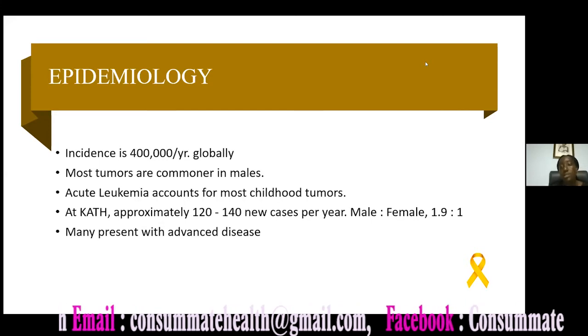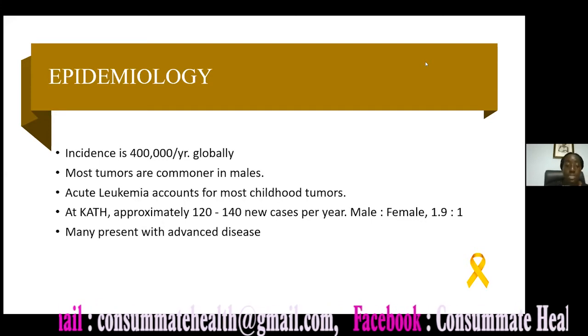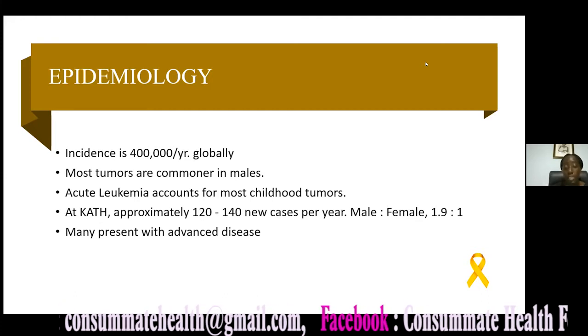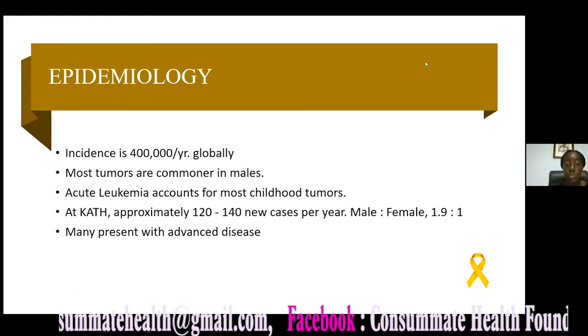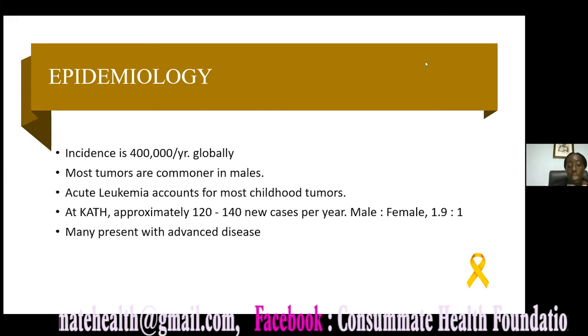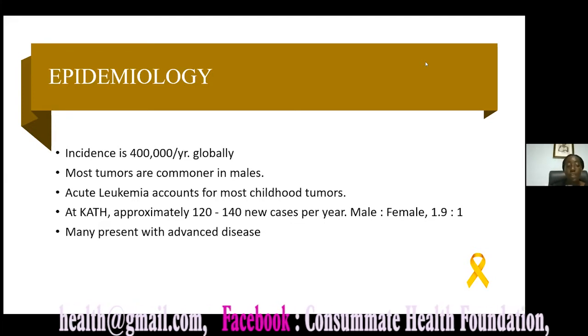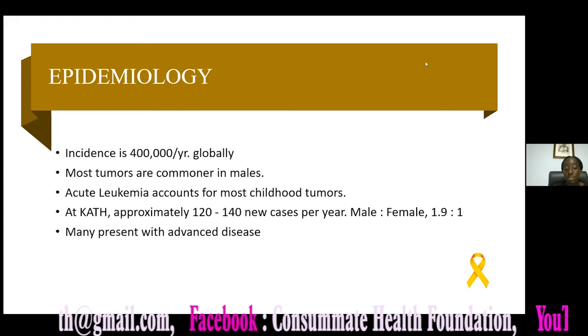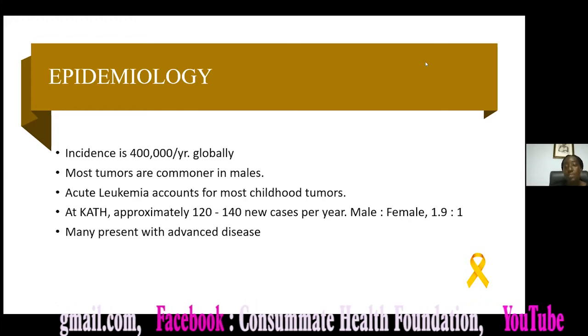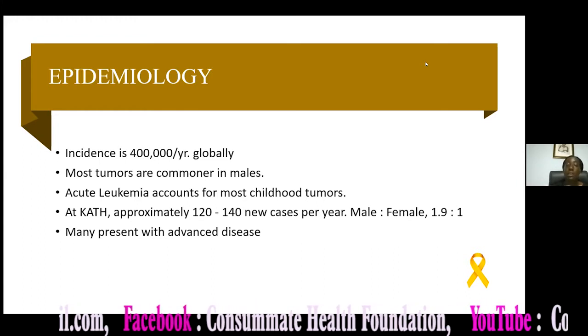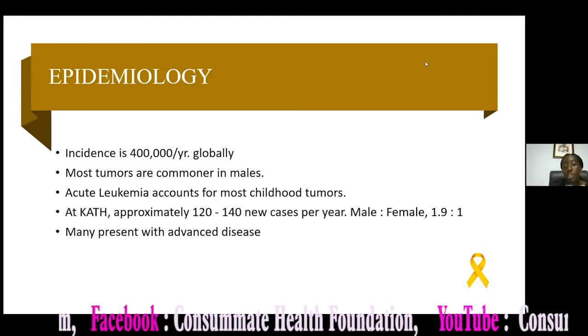And corresponding to the global figures, we also have more males presenting to our facility with cancers. Unfortunately, most of our cases come in with advanced disease, where there's metastasis of the cancer to other organs, and it's difficult achieving cure.